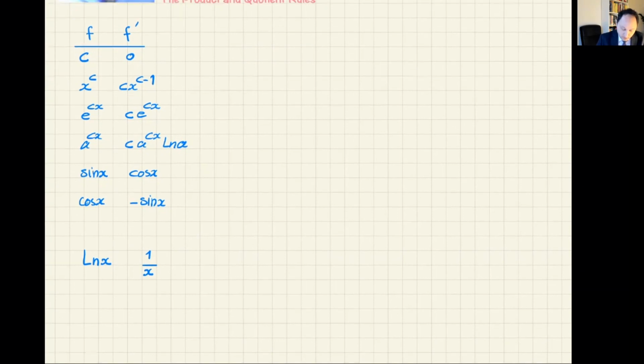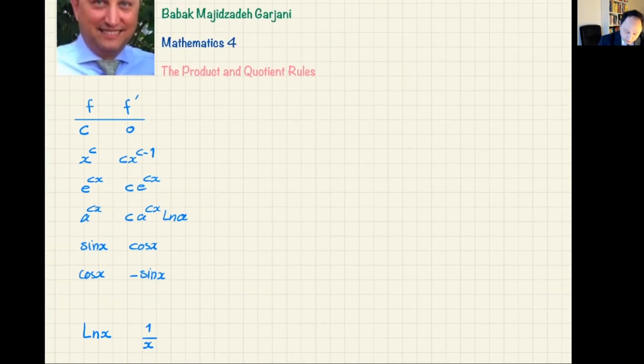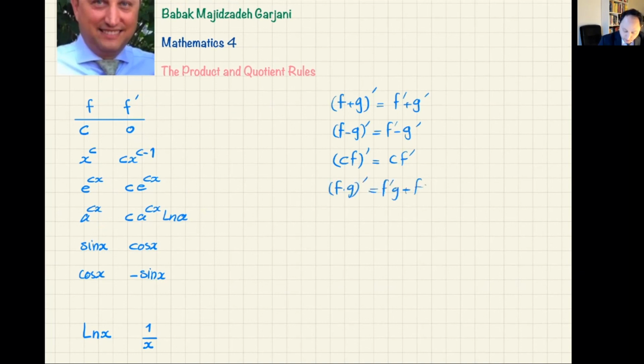Now, we also learned some generic rules. If I have f plus g prime, it becomes f prime plus g prime. If I have f minus g prime, it is f prime minus g prime. If I have a constant times f, it becomes c f prime. If I have f times g prime, it is f prime g plus f g prime.